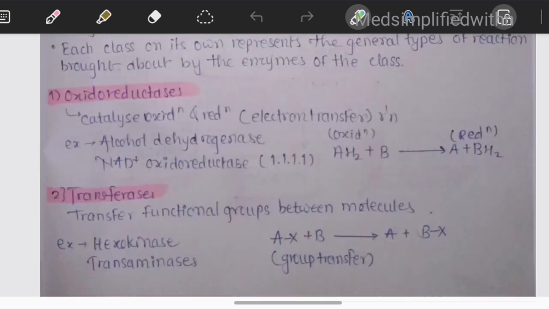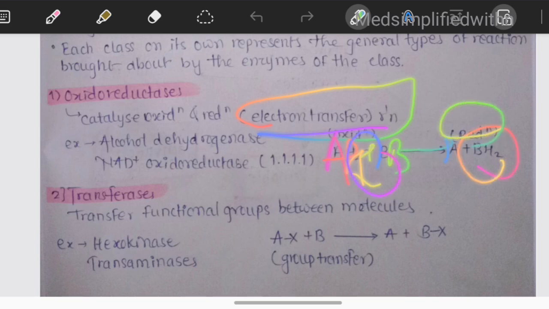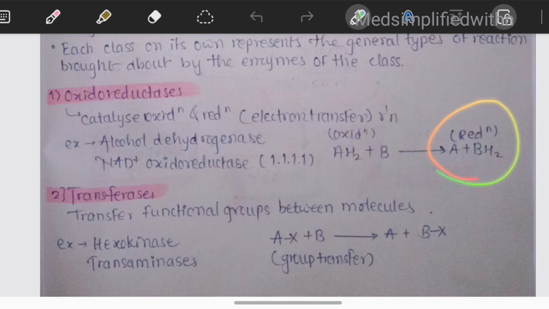Oxidoreductases catalyze oxidation and reduction, meaning electron transfer reactions. Here AH2 plus B, here hydrogen is transferred to B, and reduction occurs, here oxidation. Hence it is catalyzed by the oxidoreductases.